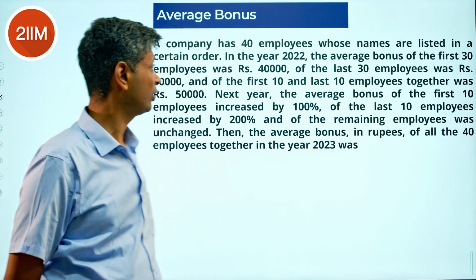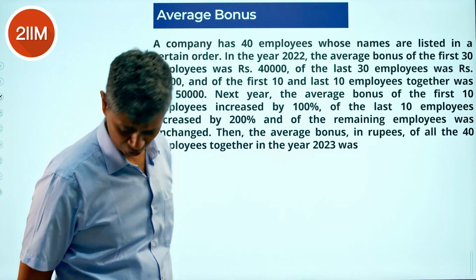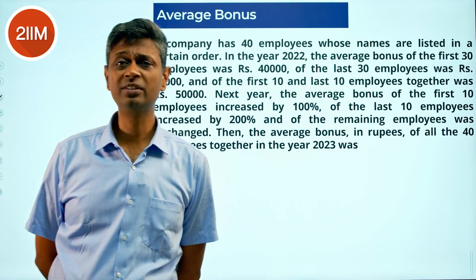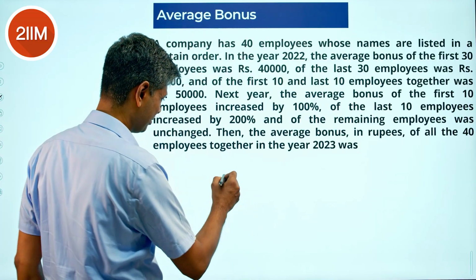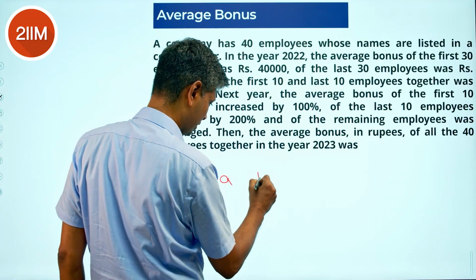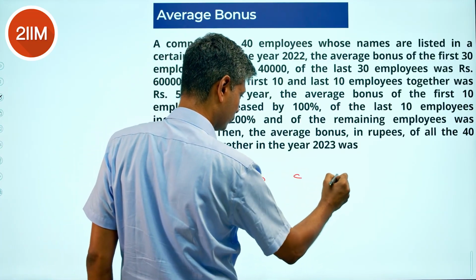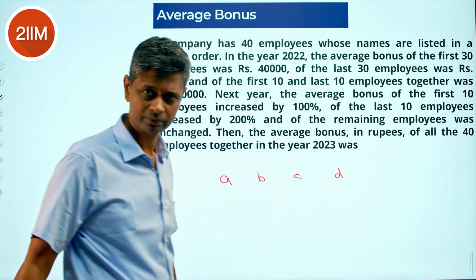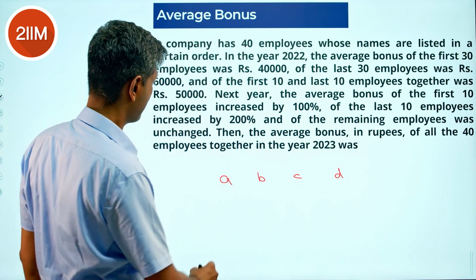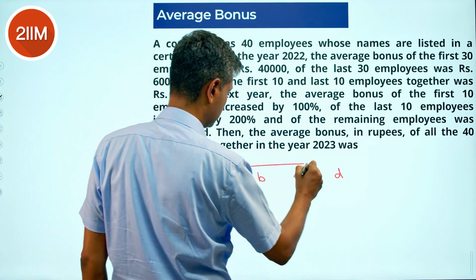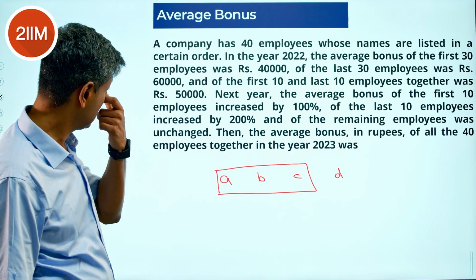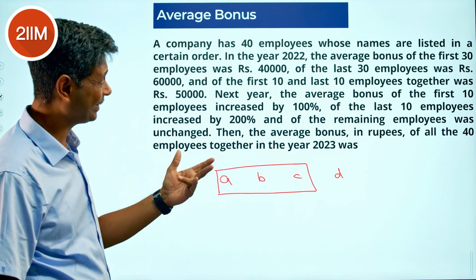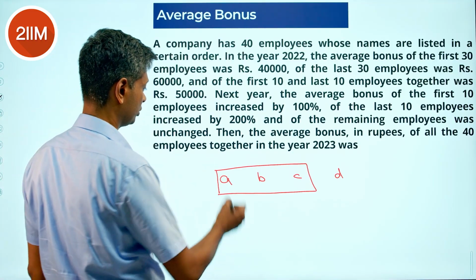Nice, beautiful question. Now the 40 employees, all our calculation is in terms of counts of 10. So I'm going to say first 10, second 10, third 10, fourth 10. And so A plus B plus C, groups of 10, 10, 10, 30 people. Sum of all of this is 30 into 40,000.